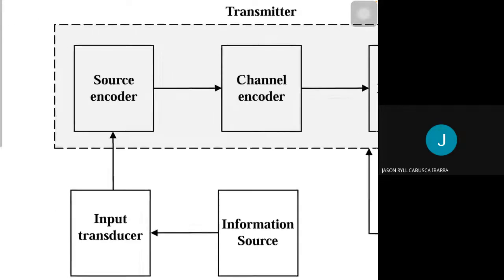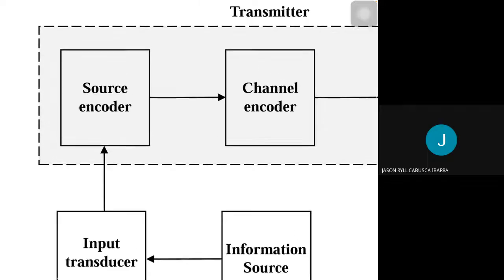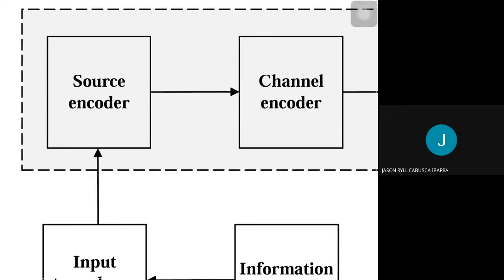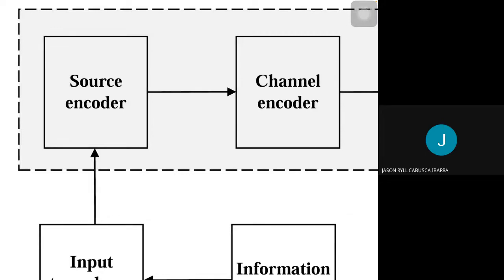In essence, although we will get to study some conventional source encoding techniques and channel encoding techniques in future discussions, if there's one thing we should remember regarding the two, and the difference between them, I think it will be covered in the next slides, but I will go through it briefly.